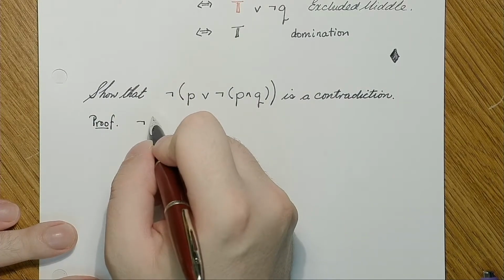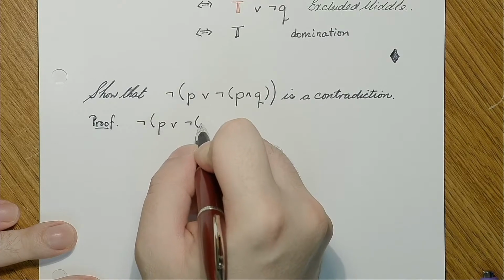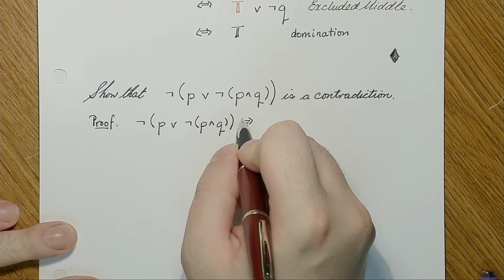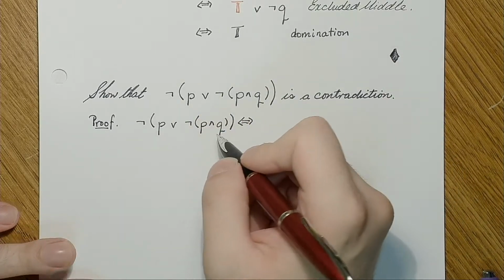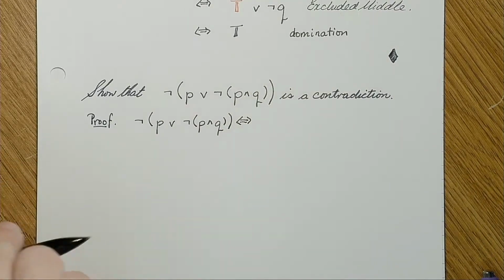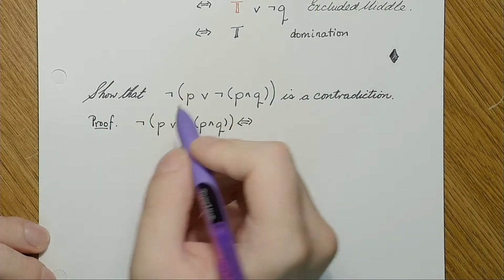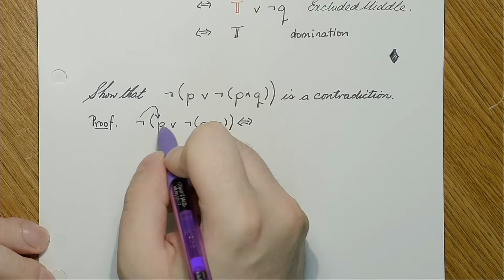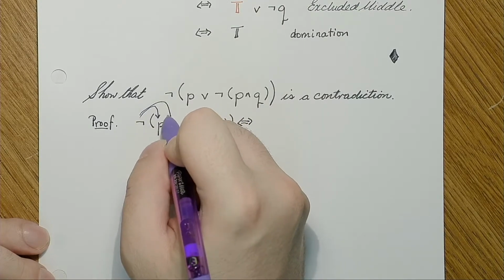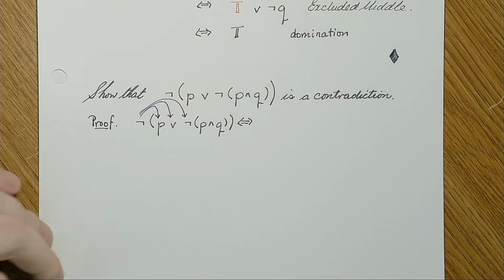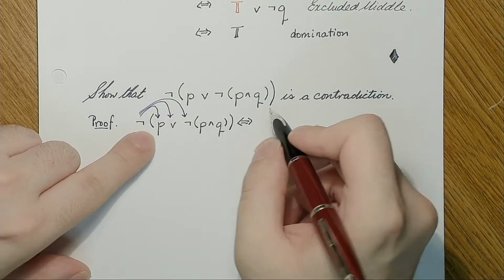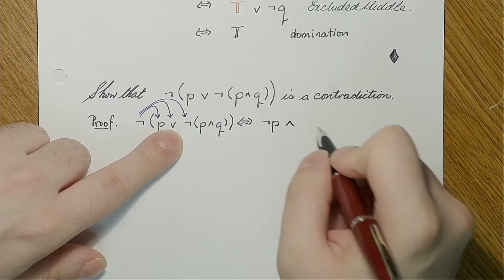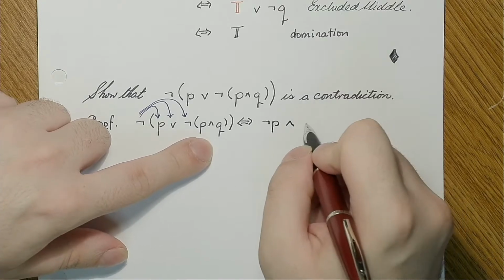So starting on the left-hand side, I'll distribute the negative here. I apply it to the negation of the first proposition, and it switches from an or to an and, then we apply the negation to the second proposition.